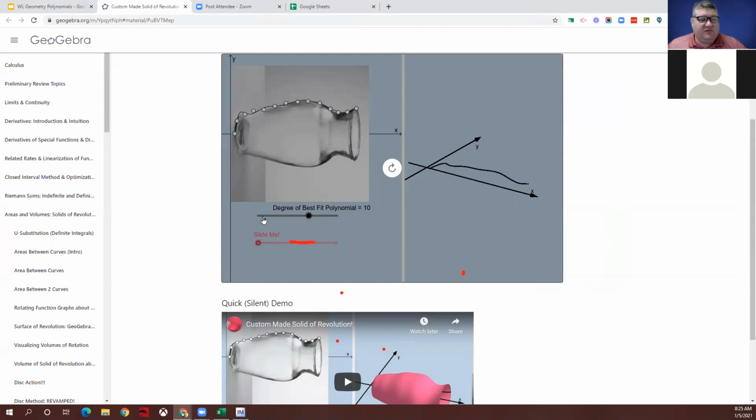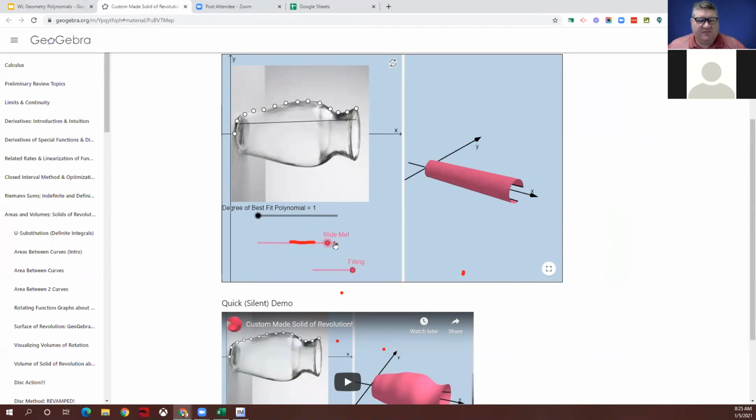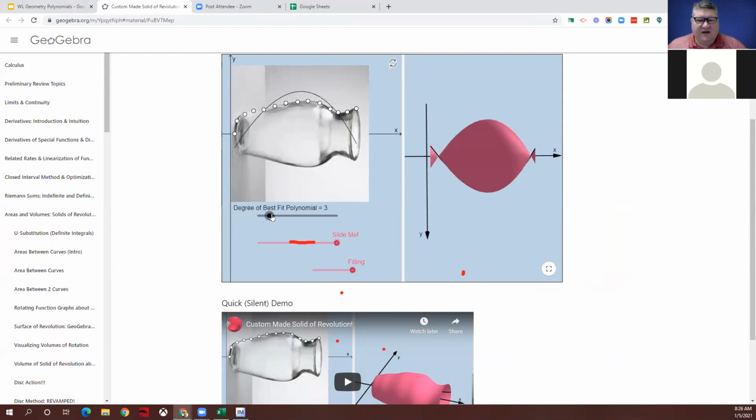If I only use a straight line to estimate, that means when I rotate that straight line around, I get this shape, which technically would work as a vase, but it's not going to look very much like this vase here. On the other hand, what if I give it a cube? There's a cube. Does that look like the vase?